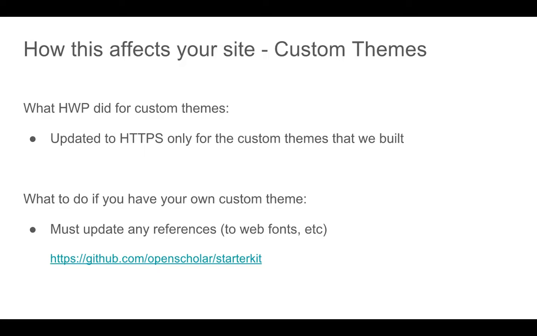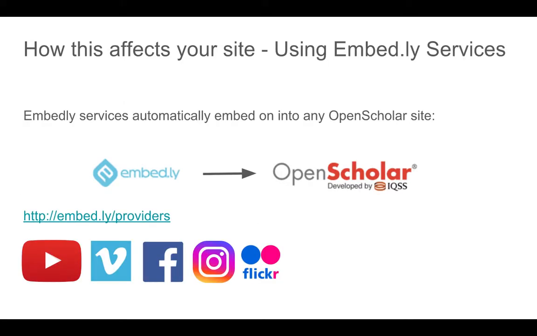If you have a custom theme of your own, that's something that you're going to have to take care of, and hopefully you have a copy on your computer, and basically just add in the S for any external references. If you don't, there's a link here to the starter kit for custom themes for OpenScholar, and you can kind of just follow the file structure and recreate what you had up there before. There's more information about that on GitHub if anybody has that specific issue.